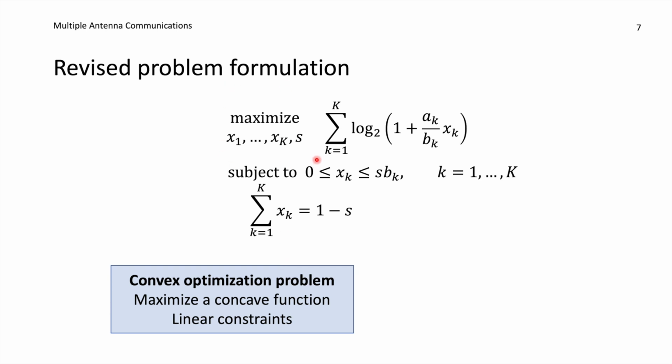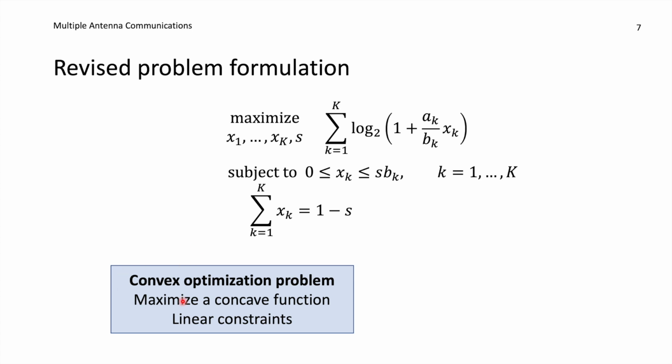Because what we would like to maximize is a function that is concave with respect to our optimization variables, namely x1 to xk. So the logarithm is a concave function, and the logarithm of 1 plus a parameter times xk is a concave function. And if we are summing up concave functions, we also get a concave function.